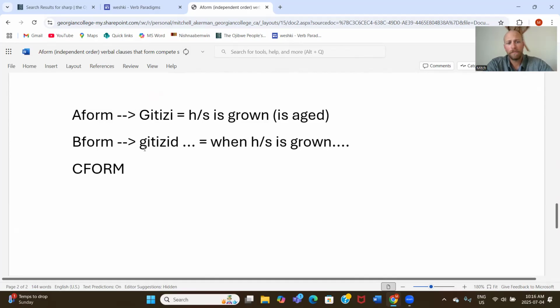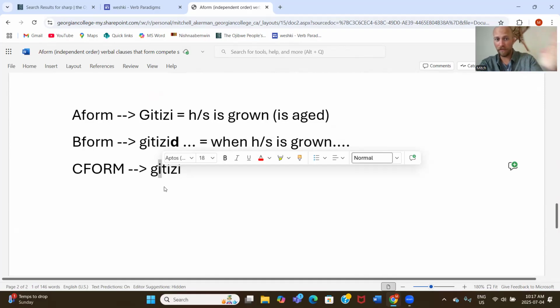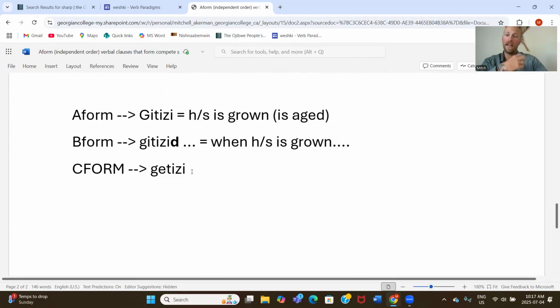And then in C form, I'll sort of bold this so you can see what I've added. In C form, for gettizi, we start up at the front with initial change. That's step one of the equation, right? The first vowel we hit, going left to right, is an I, and the I becomes E. And then we still have to add our conjunct ending at the end for the third person singular, and that's a D. All of a sudden we get getzid. And getzid is the noun in Ojibwe for an elder or old person.